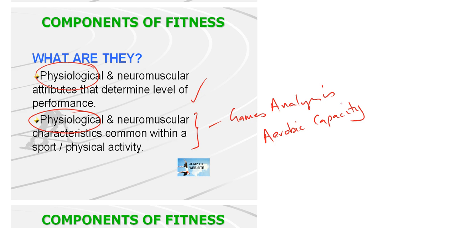If, due to genetic makeup, you are likely to have a good aerobic capacity, that is, that physiologically you are better designed with respect to aerobic capacity, then chances are you'll do better within that sport.